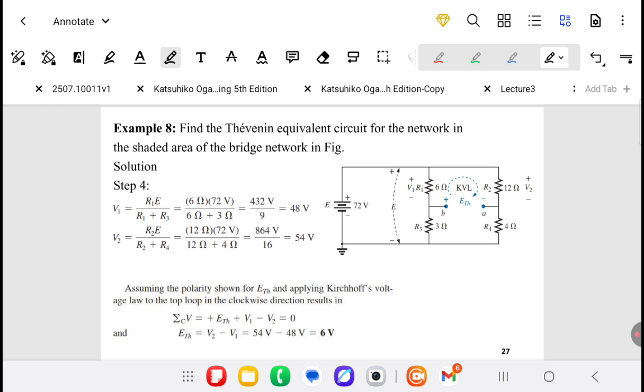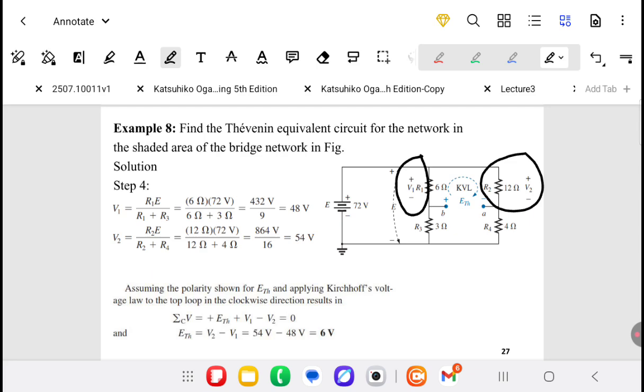The next step, we need to get E Thevenin. We get E Thevenin by obtaining the potentials across R1, which is V1, and the potential across R2, which is V2. Then we apply Kirchhoff voltage law in the above right loop to get E Thevenin.